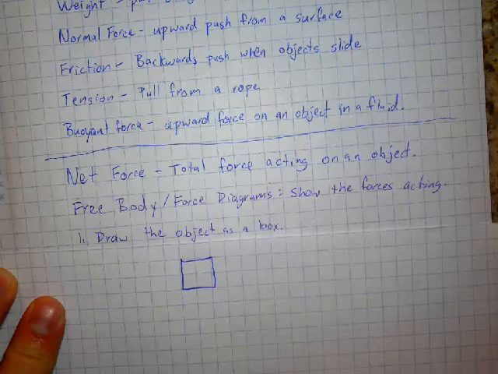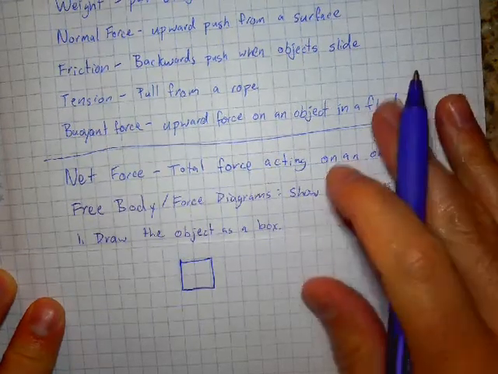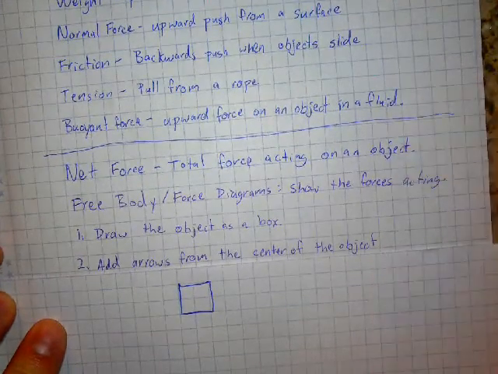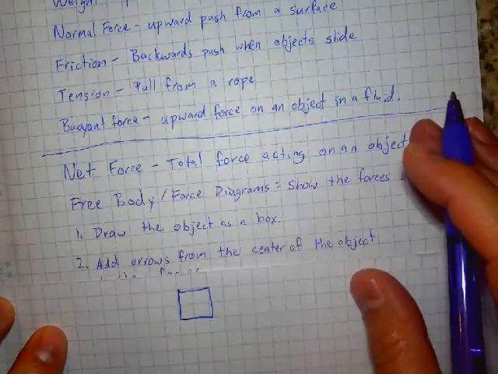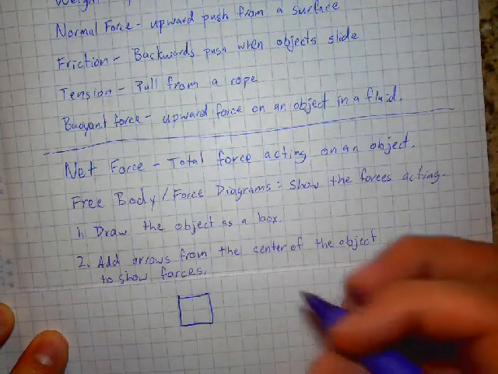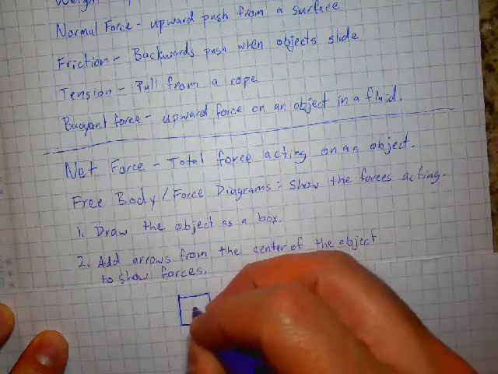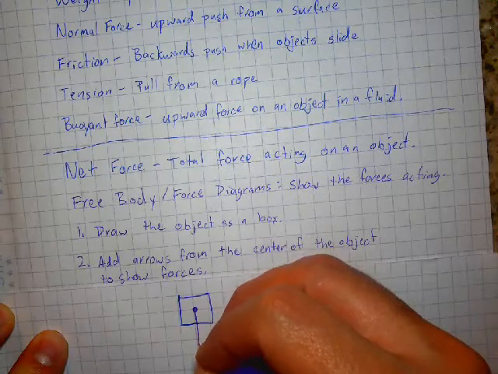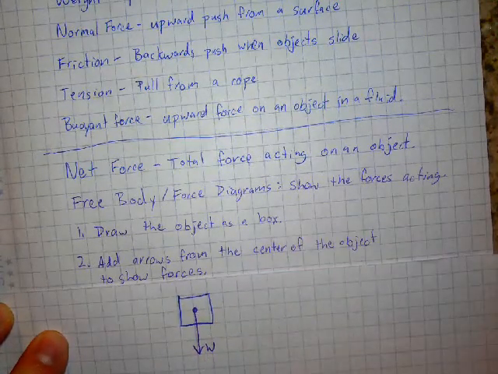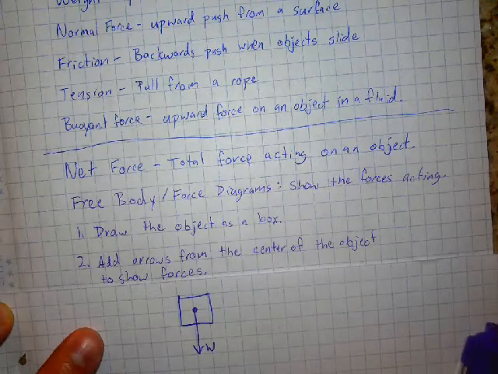Then we're going to add arrows from the center of the object that represent the forces. So what forces are acting on me as I sit in my chair? Well, my weight is pulling me down. And then, oops, I did my weight too big.